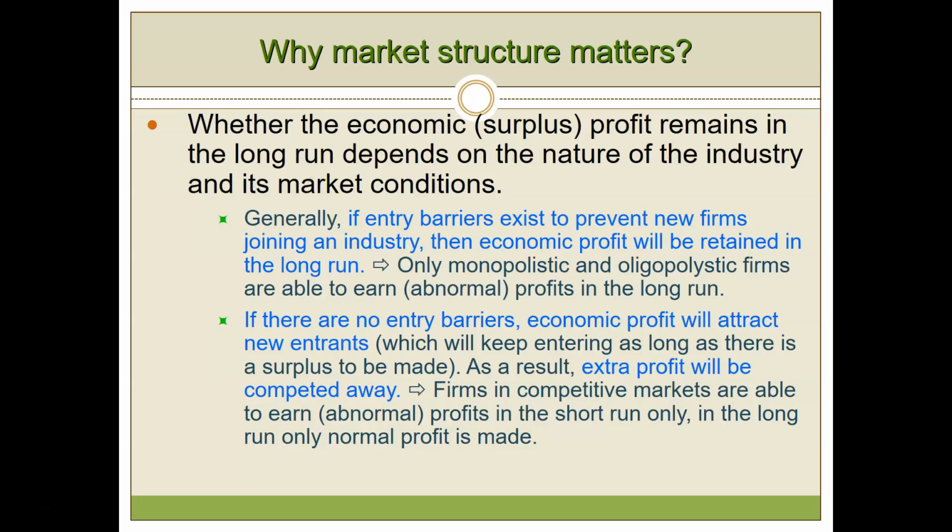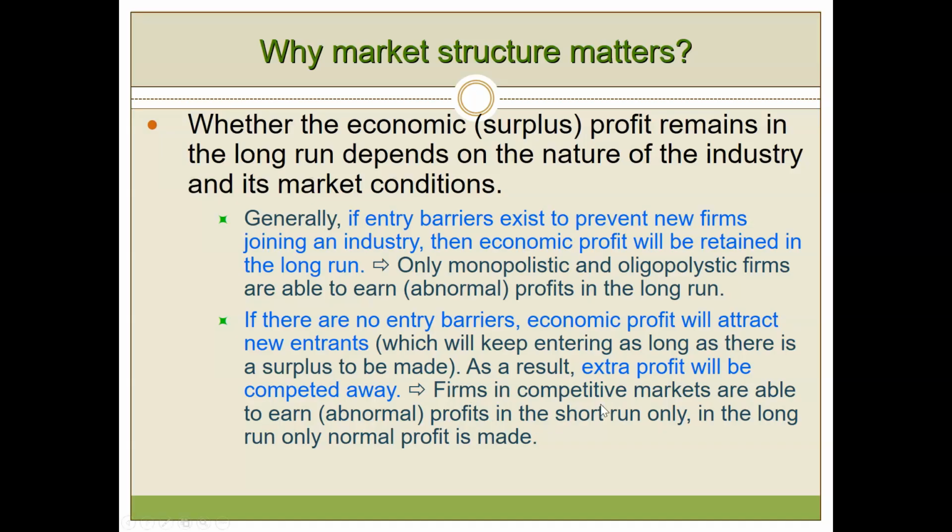As a result, supply will increase, prices will drop, and new entrants will keep flooding the market with their products until the price drops so much that all profit is competed away and only normal profit is made. As a result, there will be no extra profit in the long run. In the long run, only normal profit will be earned in these markets.